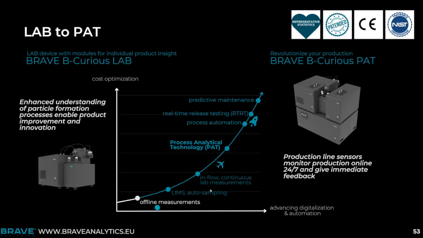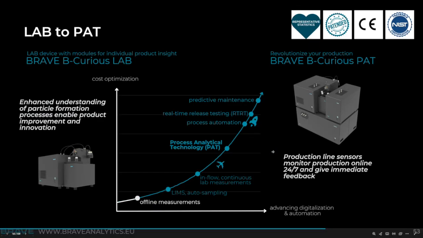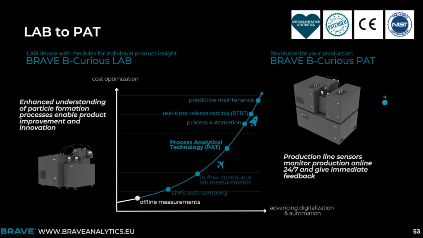But in the long run, we see ourselves as really having production monitoring, water treatment monitoring, really getting information in a continuous way with this flow-through principle, creating, again, what we also do in pharmaceuticals and biopharmaceuticals, a lab-to-PAT approach.